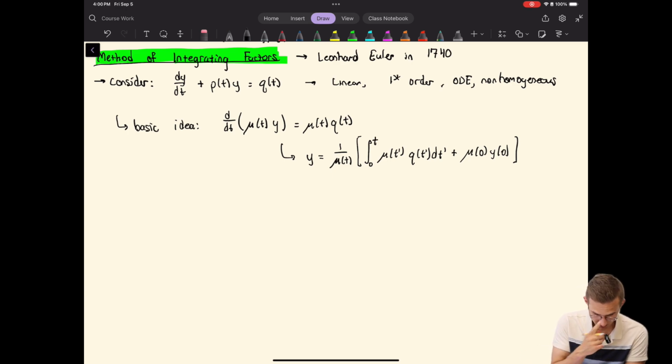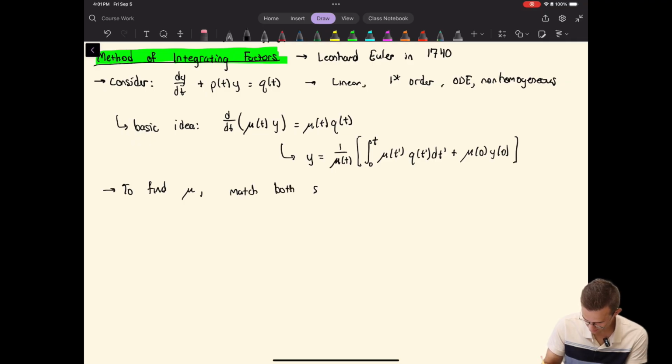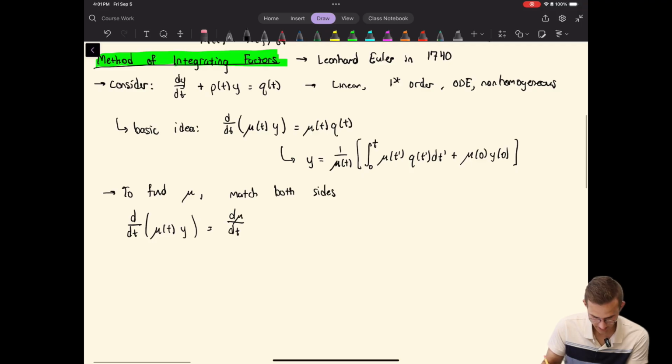So to find mu, we basically want to just match both sides of the equation. What do I mean by that? Well, first let's evaluate that d/dt of mu(t) y. That's using the product rule: d mu/dt times y plus mu dy/dt. Okay, so remember that.